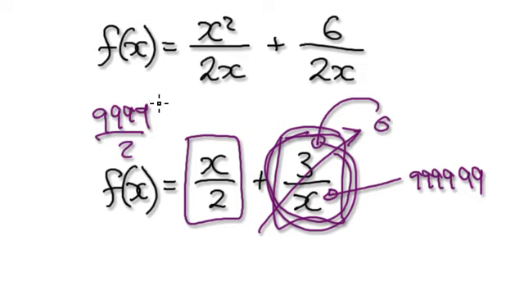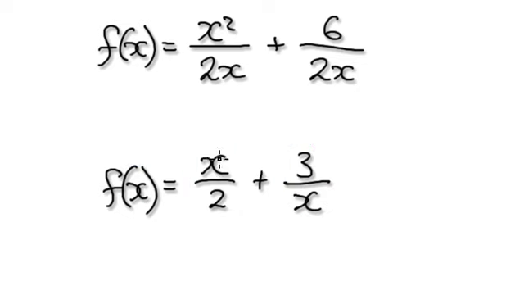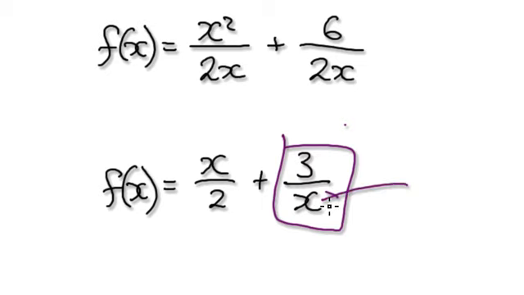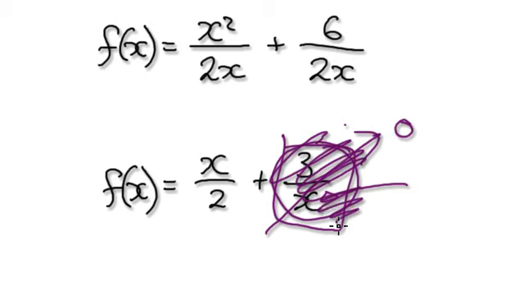But then here's a trick. We can forget about this here because x is at the bottom. When you divide by a very, very big number, this thing here can disappear. So we can forget about this.